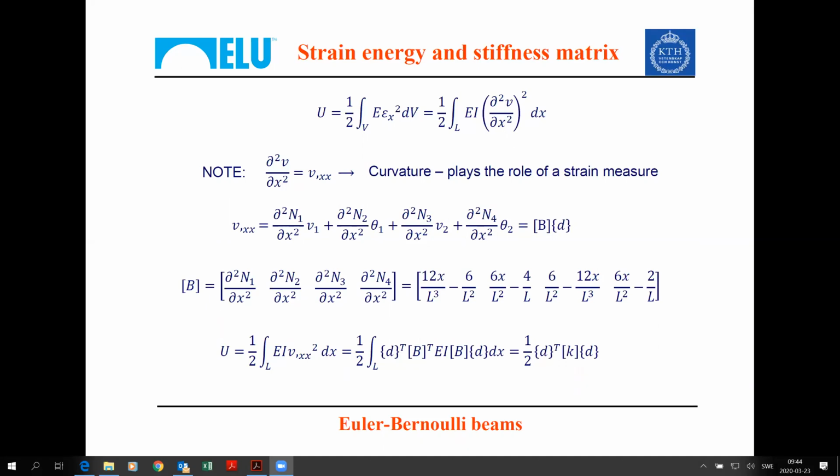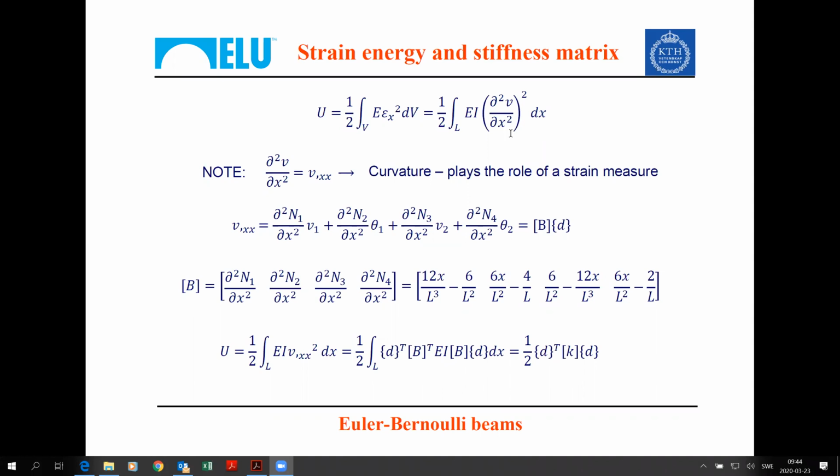So just so I understand it correctly, when you have a bar element, it's always the first derivative of the shape function, and in a beam element, it's always the second derivative. Not always, only for Euler-Bernoulli beams. We will move to Timoshenko beams, which are a bit more complicated.